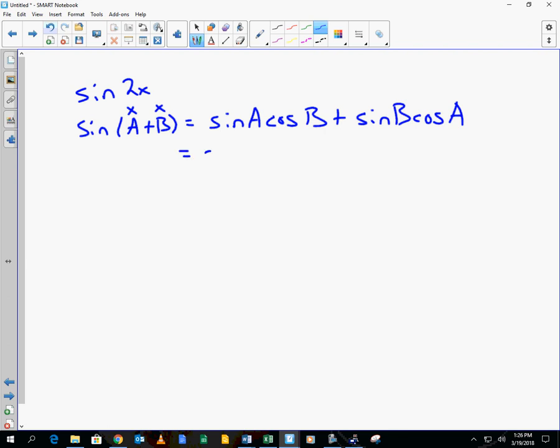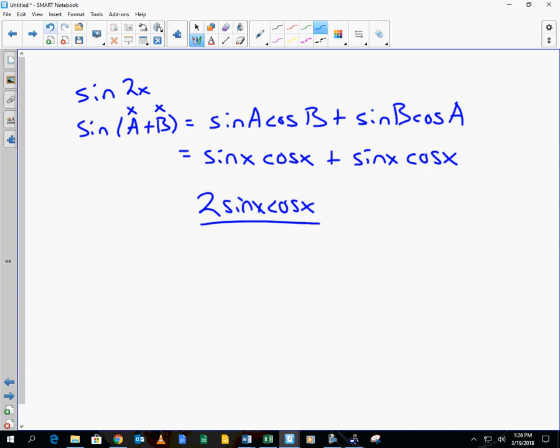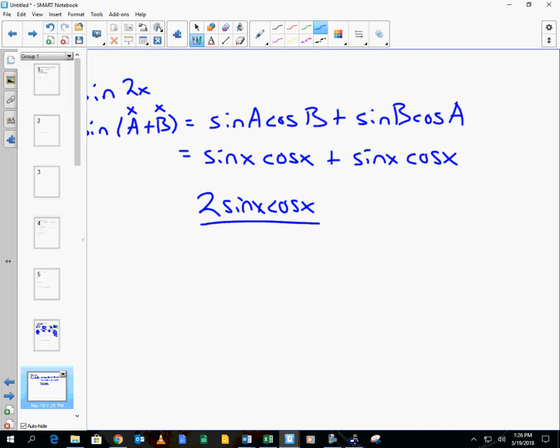So you get sine of x times cosine of x plus sine of x times cosine of x. Are these two the same? So you get 2 times the sine of x cosine of x. So that's why we get that formula. See where it comes from? Yeah. And the others follow suit the same way.